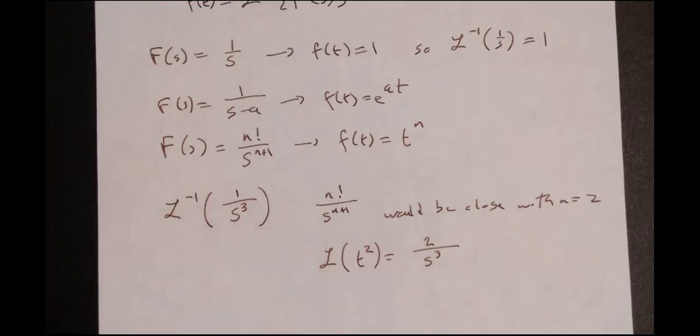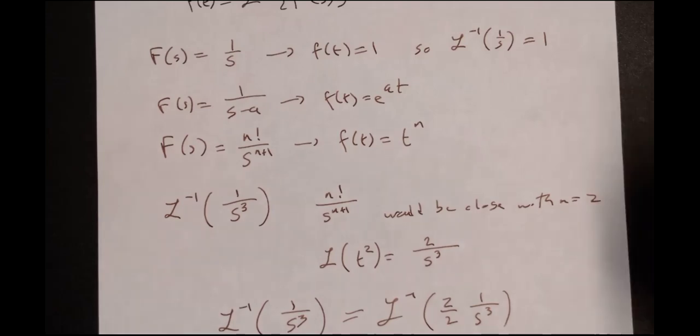We'd take the du is 2 dt and we'd move the 2 and we'd end up with the 1/2 out front, wouldn't we? Aha, wait a second. The Laplace inverse of 1 over s cubed is the Laplace inverse of 2 over 2 times 1 over s cubed. I multiplied by 1.